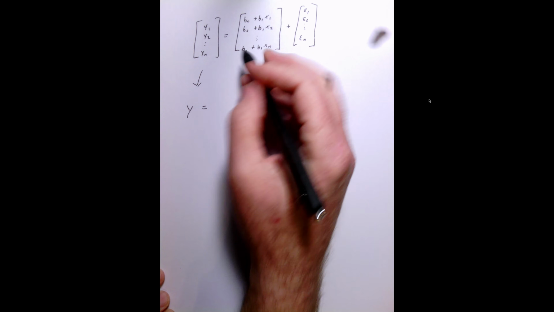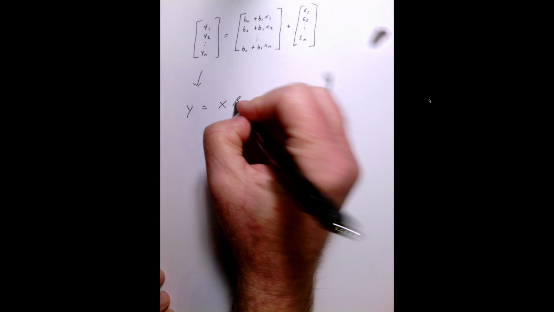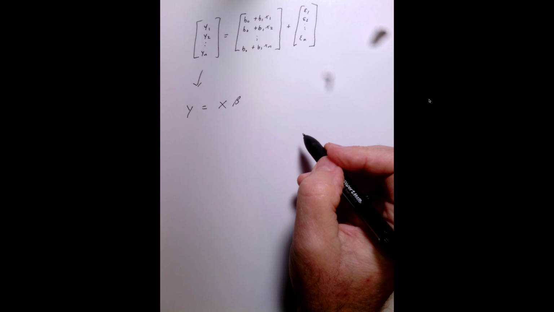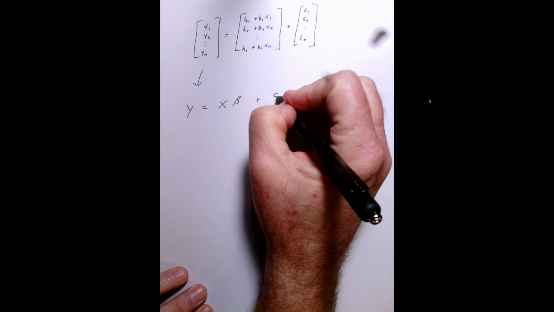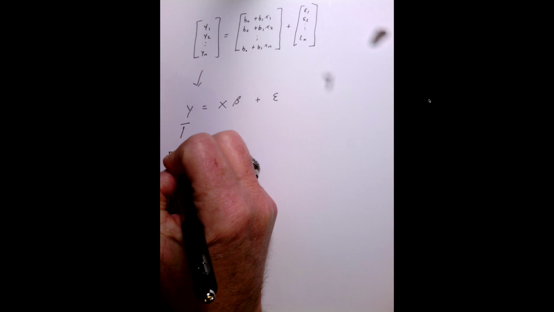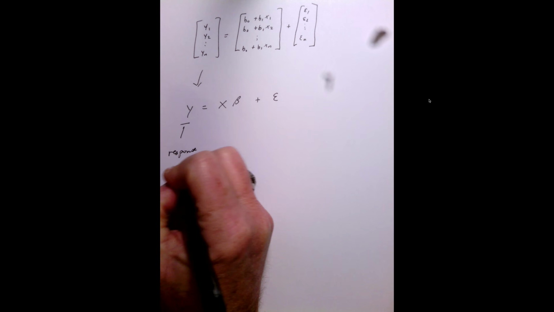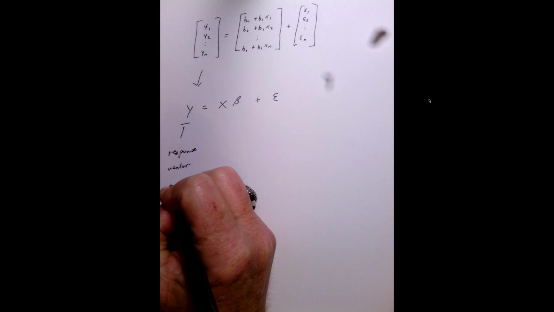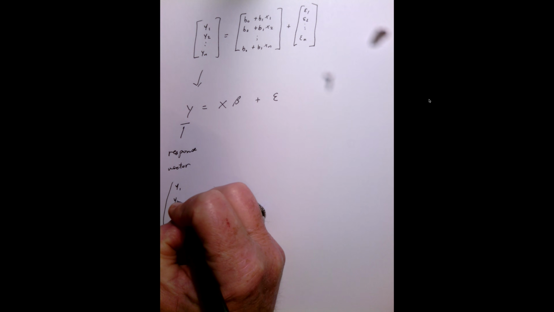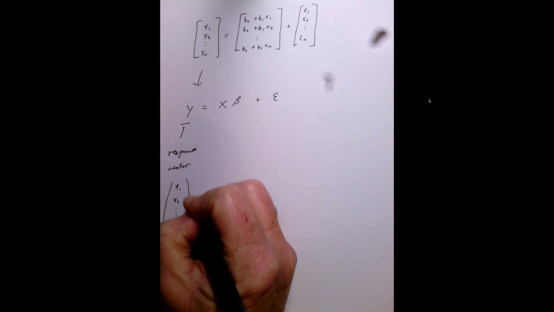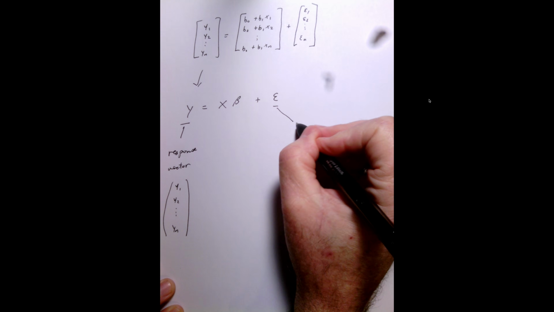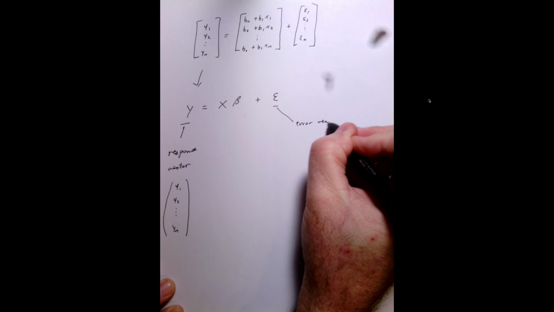We know that this part can be rewritten as X times beta, as we saw right here. And we have our error term. So, again, response vector, error vector.